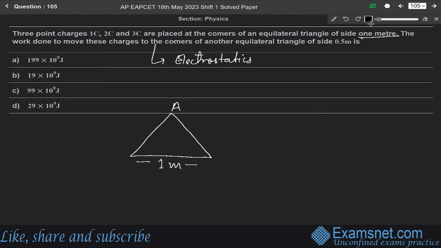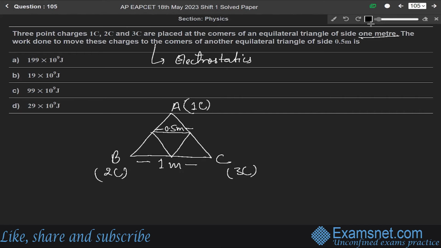Let us say this is A, this is B, and this is C. The charges are 1 coulomb, 2 coulomb, and 3 coulomb. And we have to find the work done to move these three charges, meaning 1, 2, and 3 coulomb charges, to the corners of another equilateral triangle of side 0.5 meter. 0.5 meter means this equilateral triangle is inside the big equilateral triangle and its side is 0.5 meter.